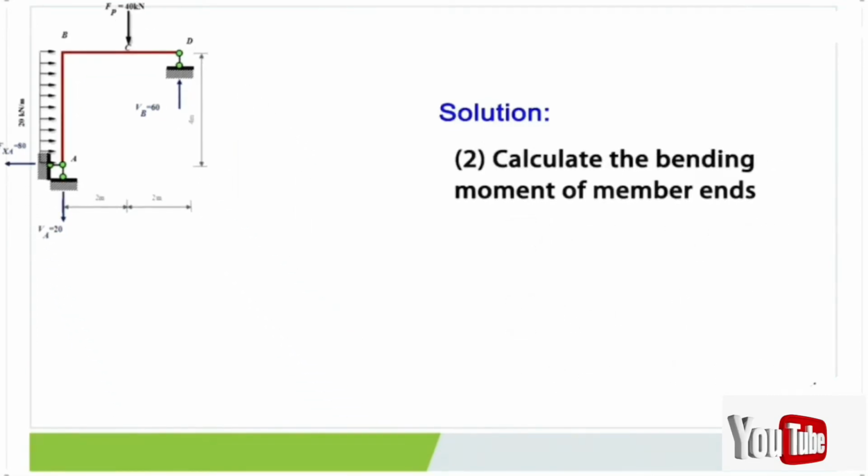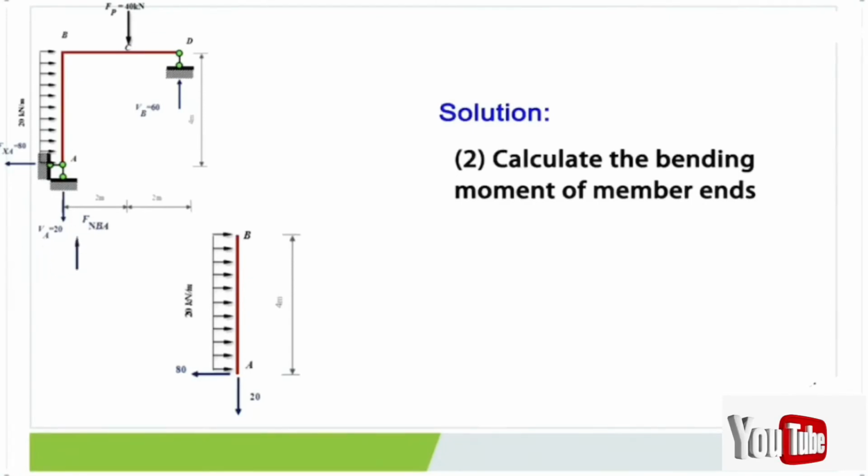Then let's calculate the bending moment of member ends. Take the AB member as a free body. This is the free body diagram. For section B, there are 3 internal forces, FNBA, FQBA, and MBA.